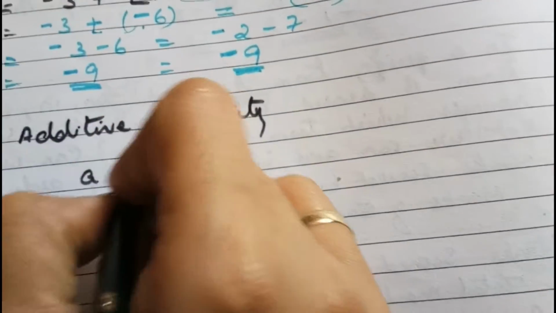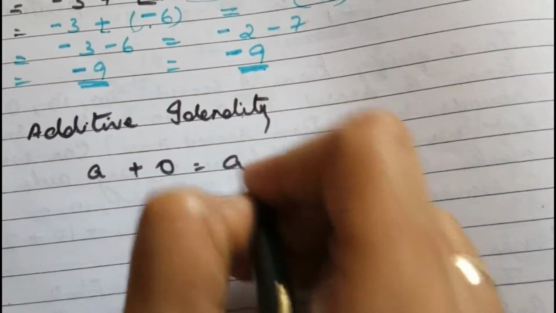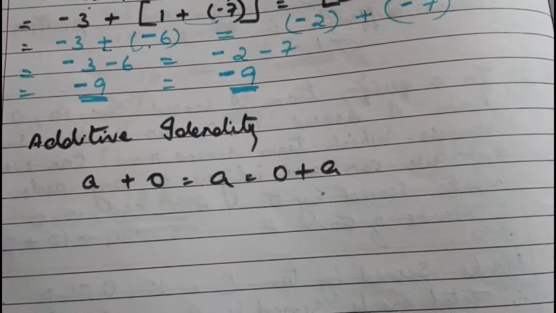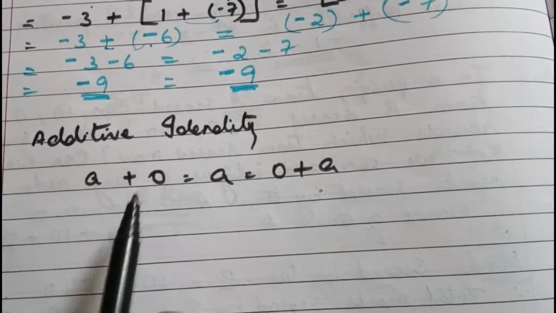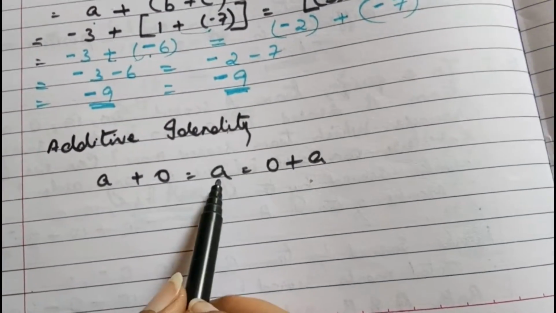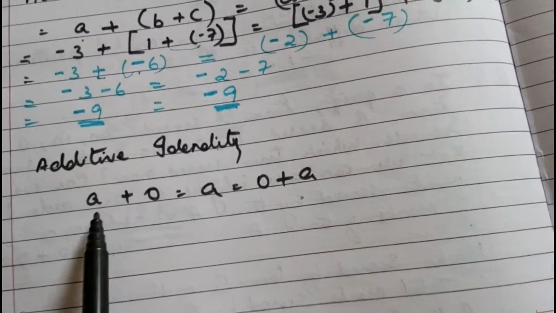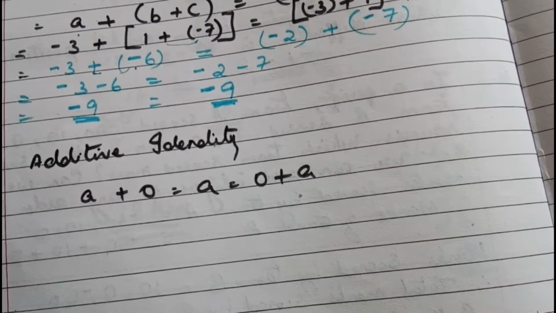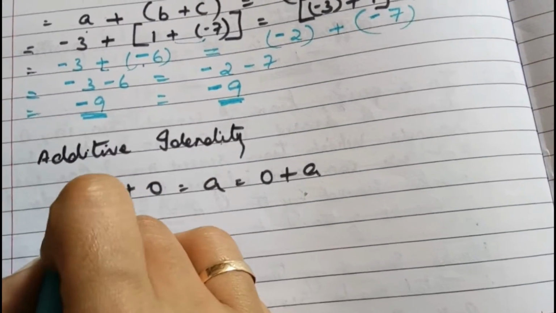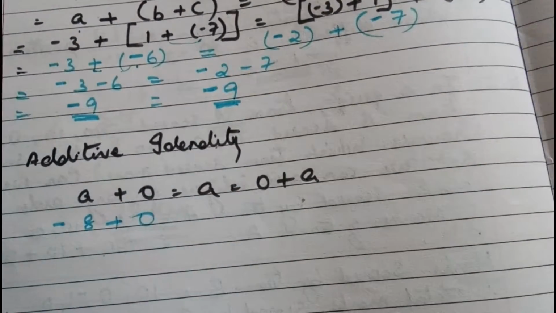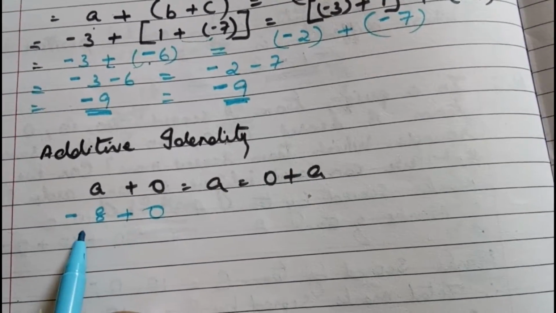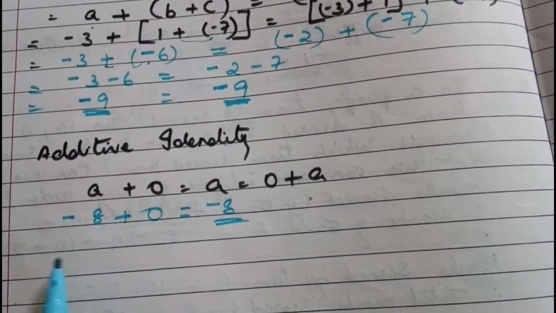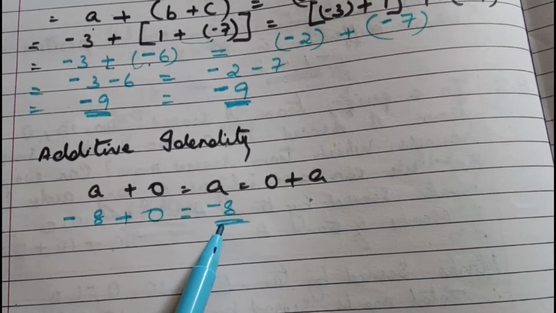That is, A plus 0 is equal to A, which would be the same as 0 plus A. So either it could be A plus 0 or it could be 0 plus A. Now say for example we give a value to A, suppose minus 8 plus 0, that is A plus 0. Now minus 8 plus 0 is what? Simple, minus 8. So any number which is added with 0 will give you the same number.